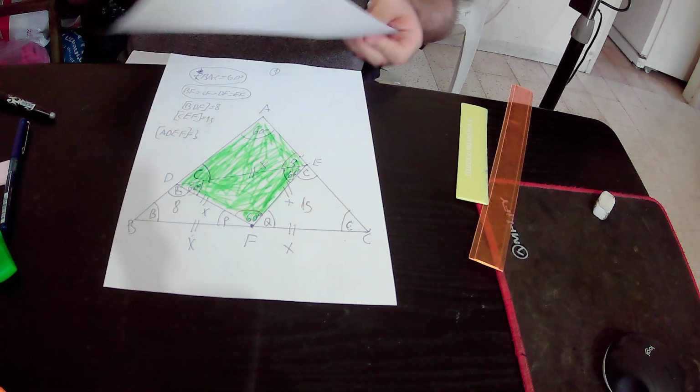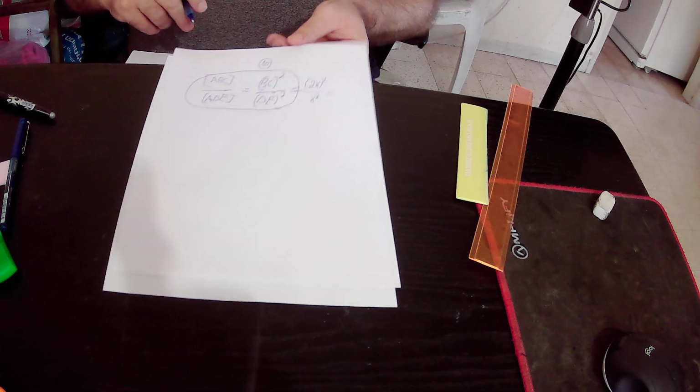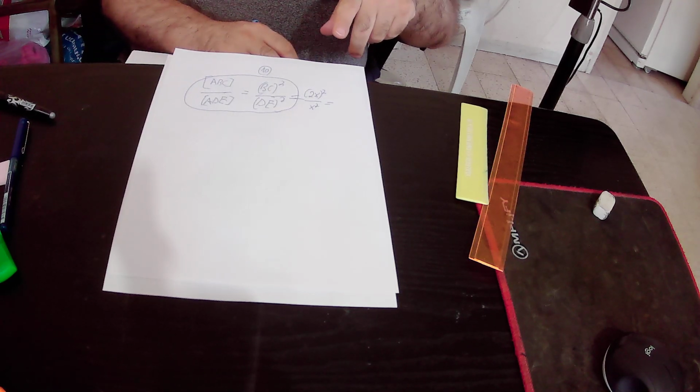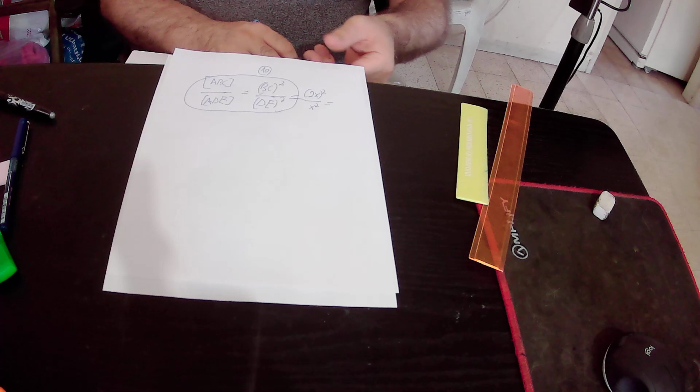So the ratio between the area of triangle ABC and the area of triangle ADE equals 2x square, which is 4x square over x square, and that is 4.